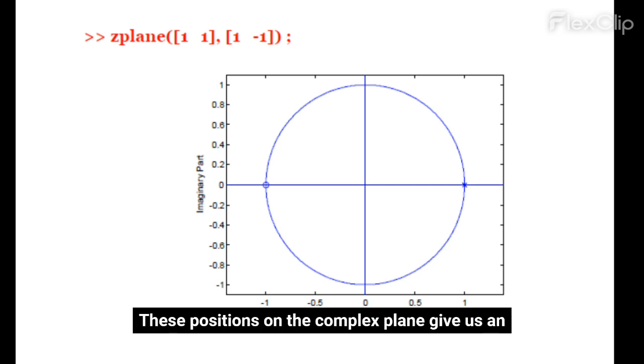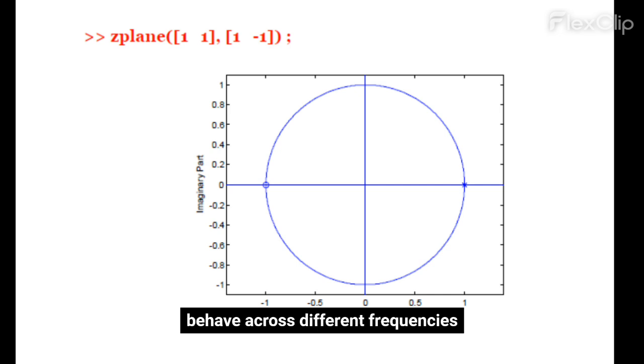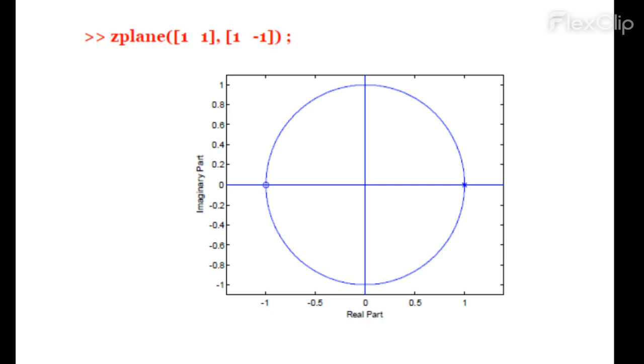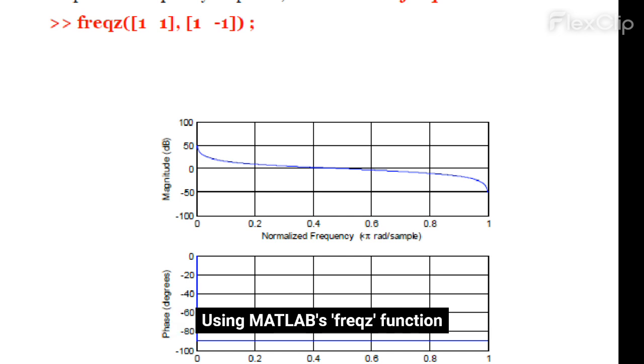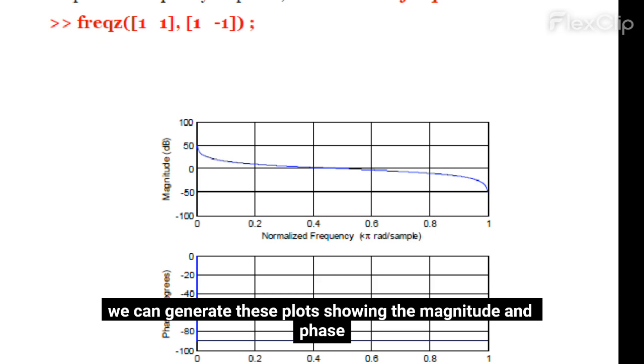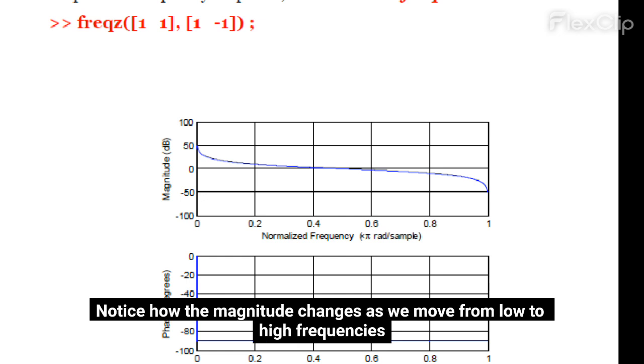These positions on the complex plane give us an immediate visual sense of how the filter will behave across different frequencies. Beyond pole-zero plots, we often want to see the frequency response directly. Using MATLAB's freqz function, we can generate these plots showing the magnitude and phase. Notice how the magnitude changes as we move from low to high frequencies.